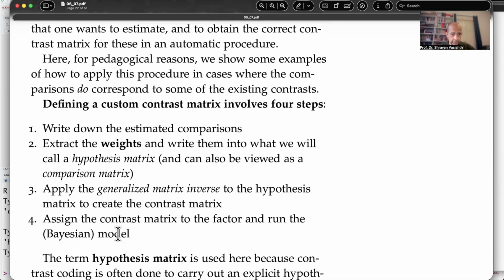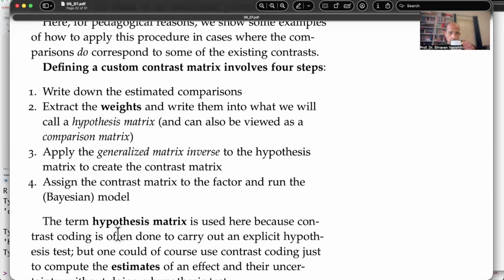These are just the same methods as earlier. Once we extract the weights and write them down in a matrix, which I'll call the hypothesis matrix, and once we have that hypothesis matrix, which contains the weights of the comparisons, you apply the generalized matrix inverse, using the ginv function, to the hypothesis matrix, and what that gives you is the contrast matrix.